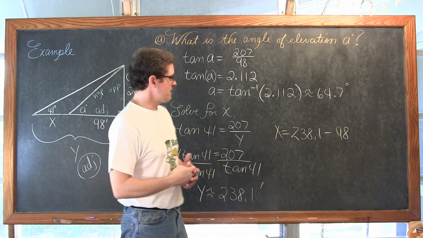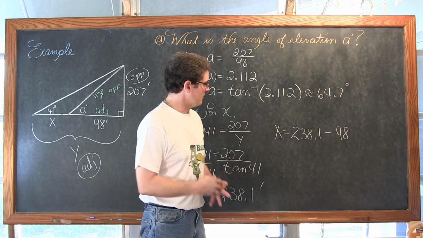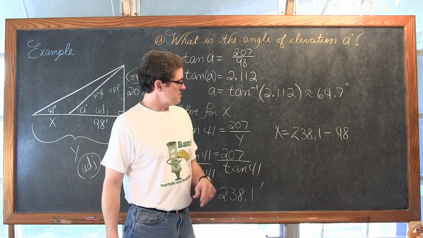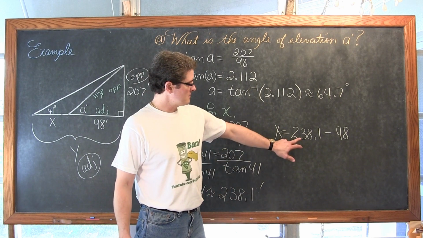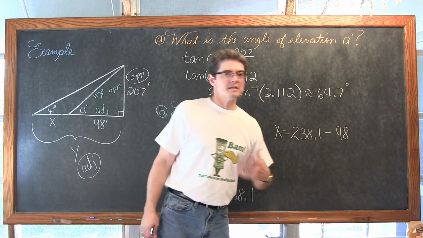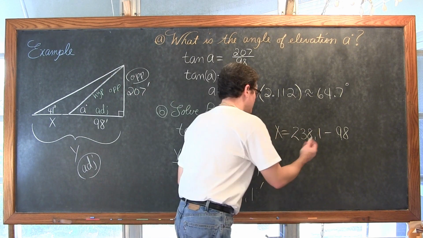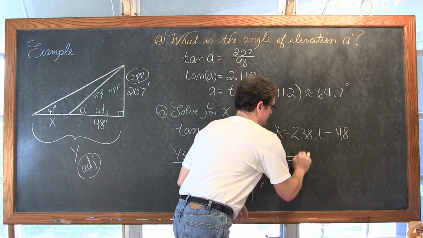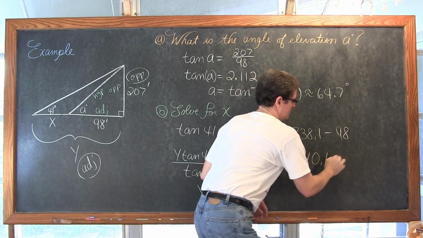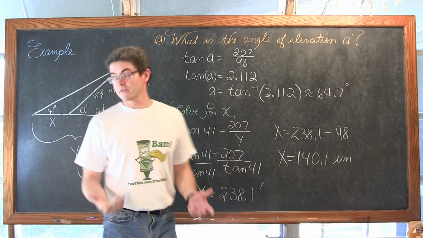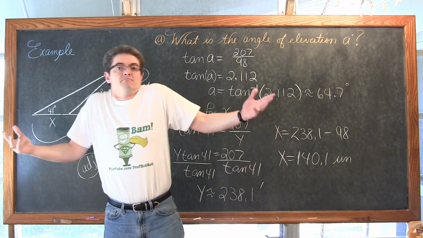Okay, so the subtraction without being completely dependent on our calculator: clearly the 8s are going to cancel out, 8 minus 8 is 0. 230 minus 90 is going to be 140. So we have 140.1 units. Whether this is in feet, miles, inches, I don't know.